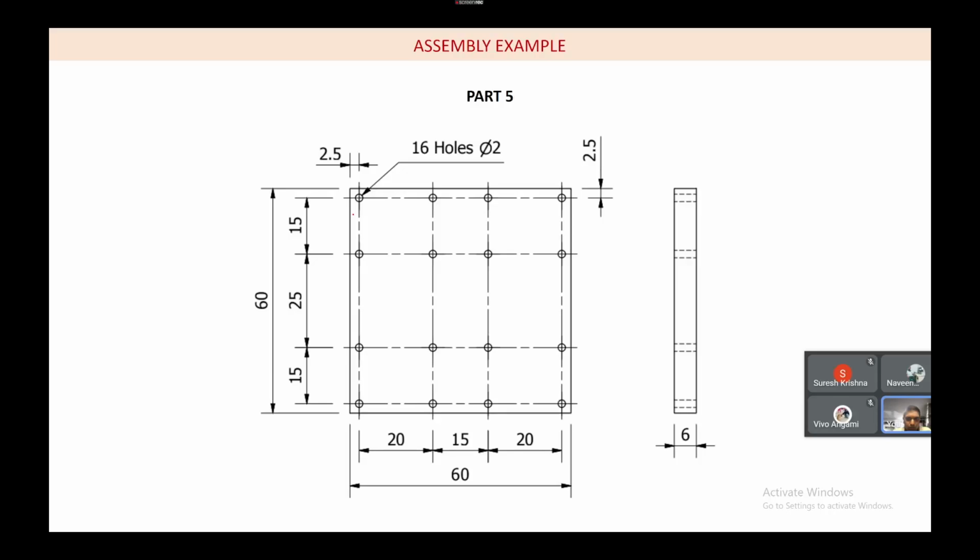Okay. So now again hole. First hole I'm creating this. So 2.5, below also if you see 15 25 15, which means 25 14 55. Same thing, each this will be 2.5. So each hole 2 mm, so 2.5.